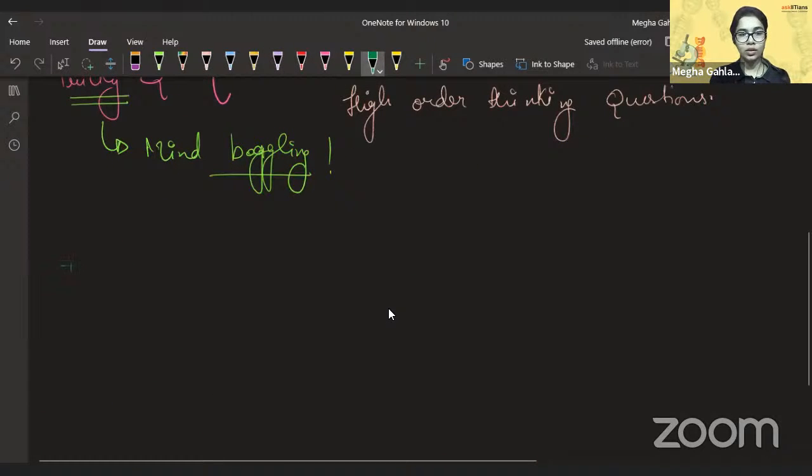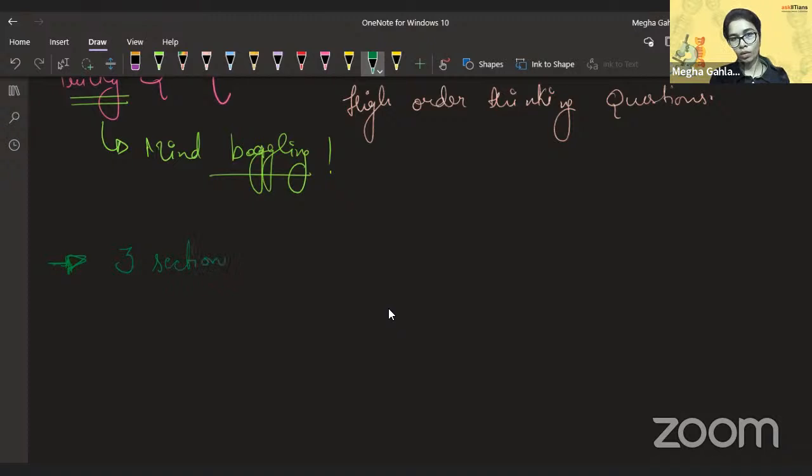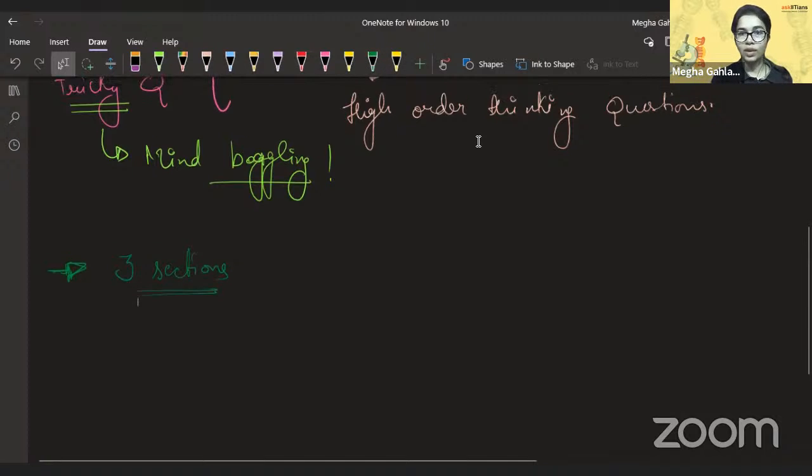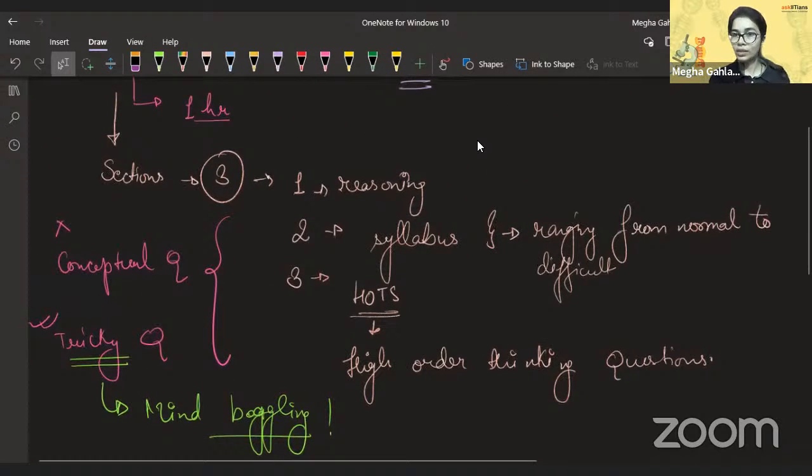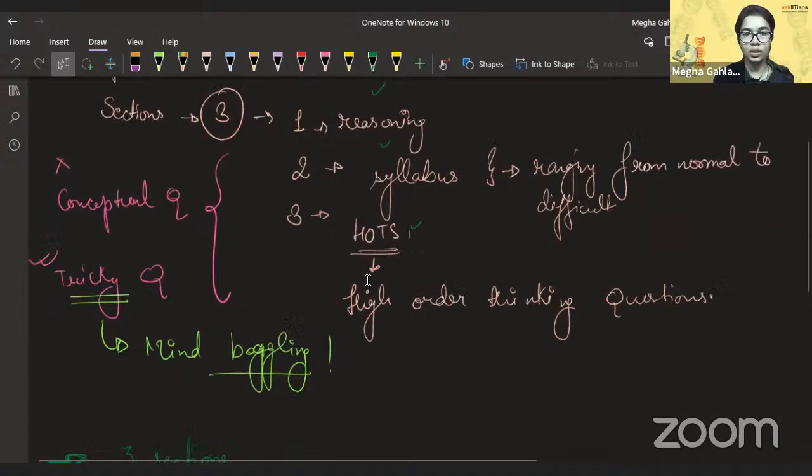Right? So going ahead, we have 3 different sections, as we have established already: the reasoning section, the syllabus section, and the HOT section, right?